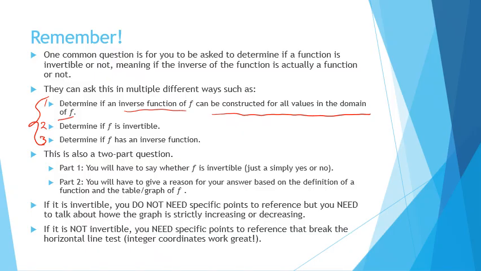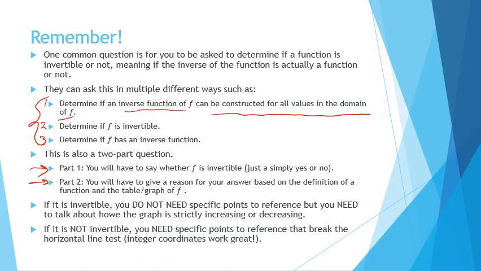This is also a 2-part question. And so this is the only other question that they could ask besides the classic, what type of table is this? Is this a linear, quadratic, exponential table? Give a reason why. This is the other type of question they could ask, which is, is this function invertible, yes or no? And then part 2 is give a reason for your answer based on 2 things.